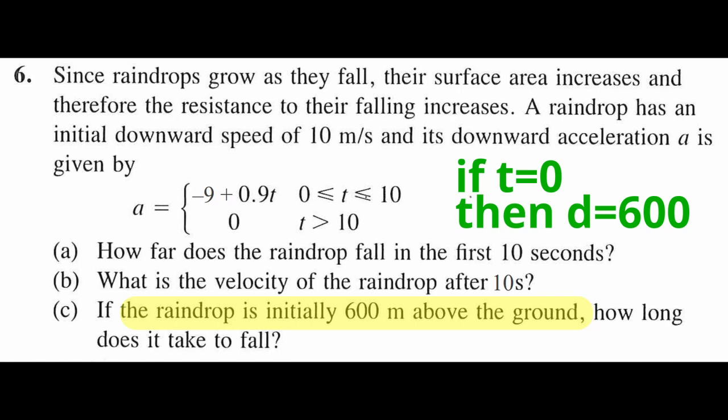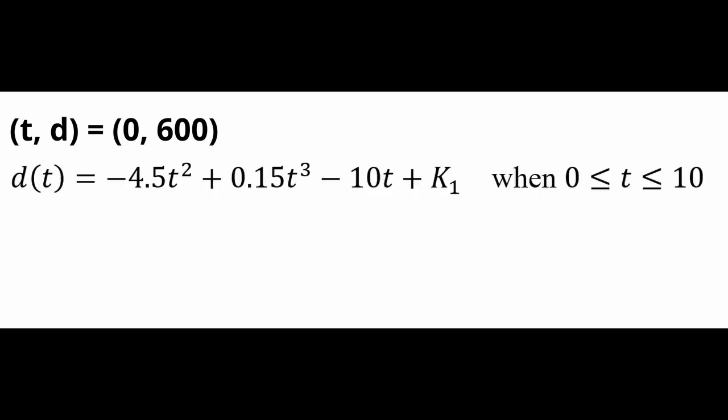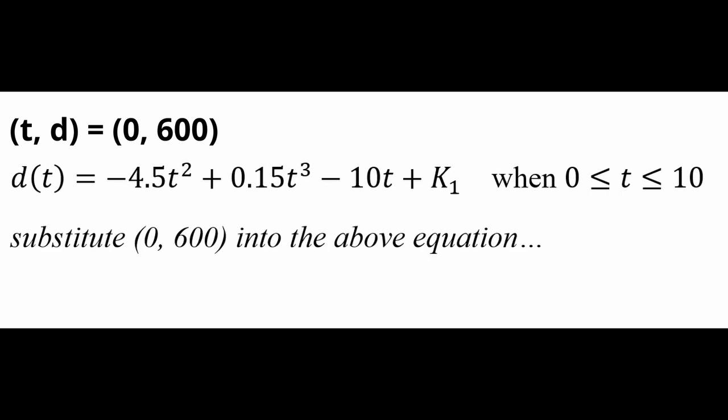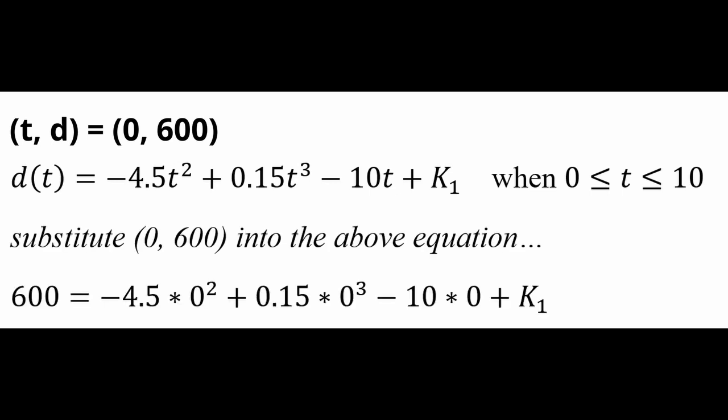And in the context of this question, up is a positive value, while down is a negative value. Written in coordinate form, t comma d equals 0 comma 600. We already have an equation for the distance function in the first piece. Sub in 0 comma 600 into that distance function, and you will find that k1 equals 600.